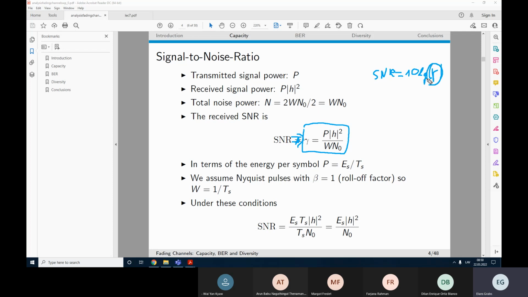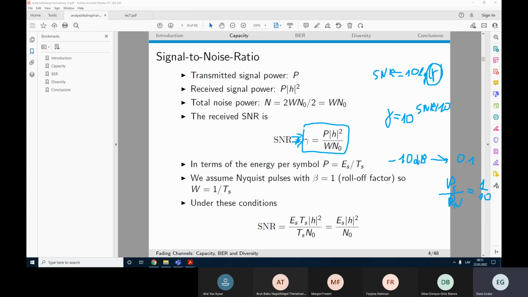However, often we want to recalculate decibels into a plain ratio. This is done by reversing the logarithm: first divide SNR by 10 and then calculate it as a power of 10. For example, minus 10 decibels, according to this expression, translates into 0.1. That means the power of the signal is 10 times lower than the power of the noise.